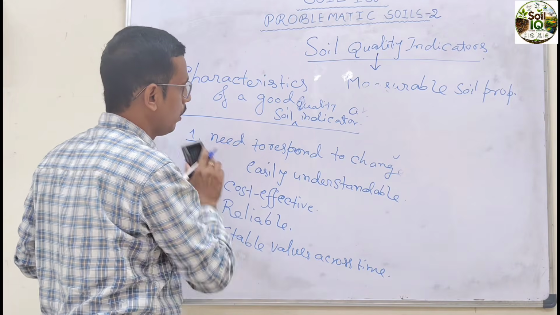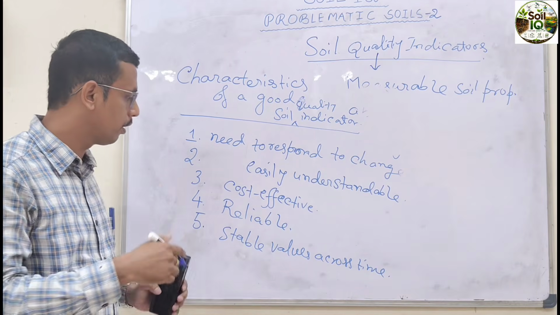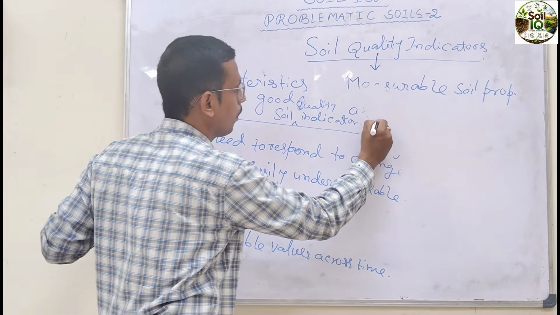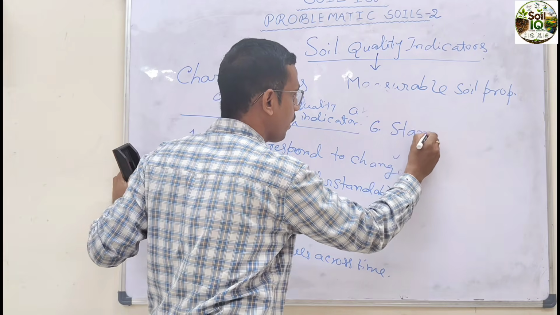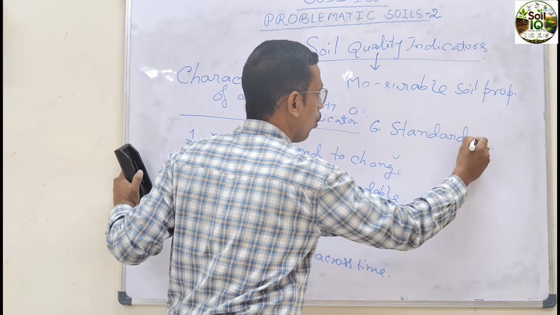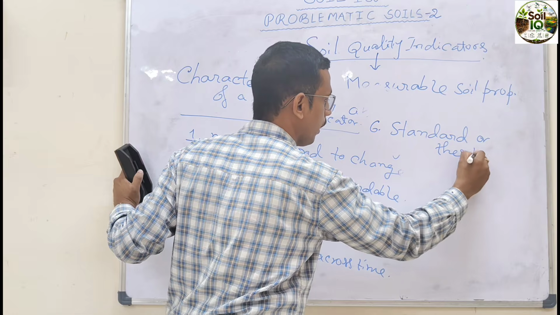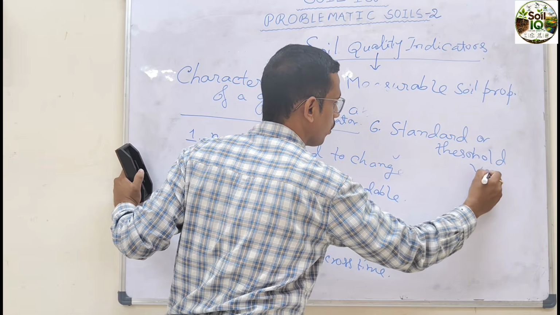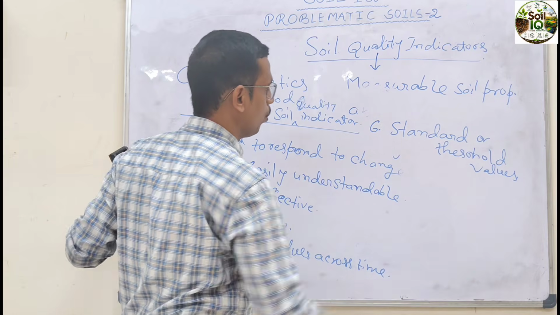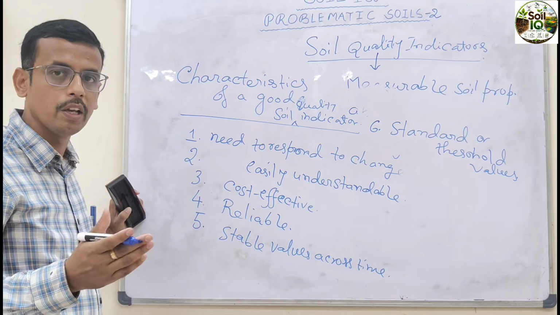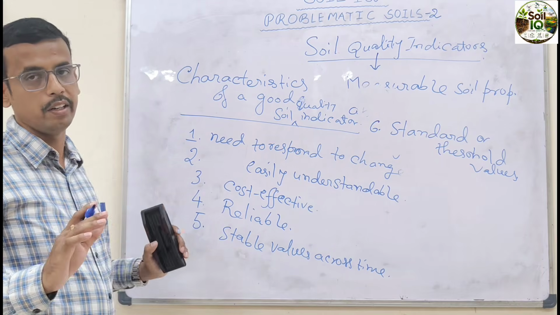Number 6, they should have standard or threshold values. So these all are the characteristics of a good quality soil indicator.